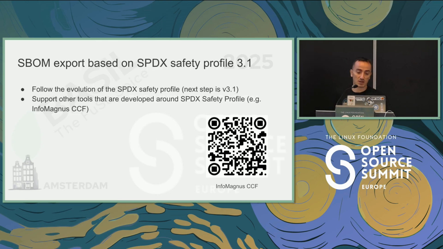The first thing that we have in mind is the goal to follow the evolution of the SPDX safety profile that is targeting the new version 3.1. That's also because there are other companies that are developing tools on top of that safety profile. One that is remarkable is InfoMagnus, that is working on a continuous compliance framework.